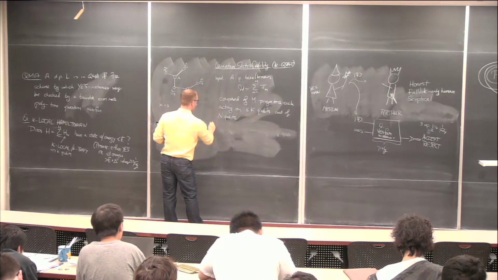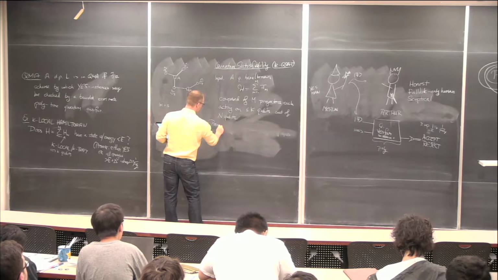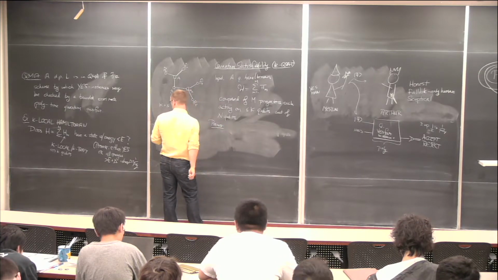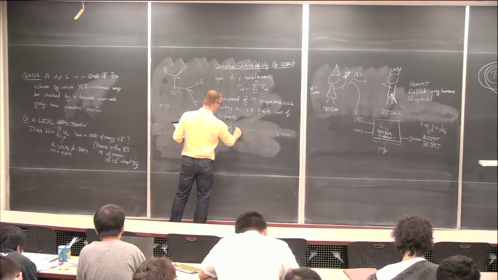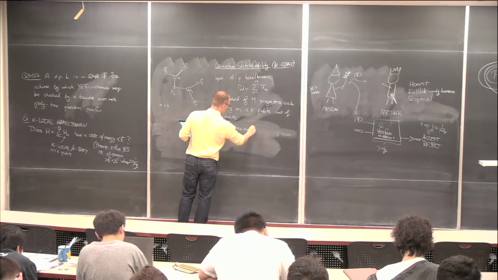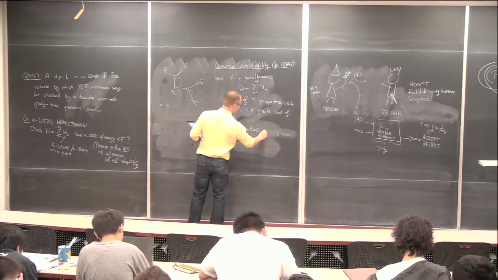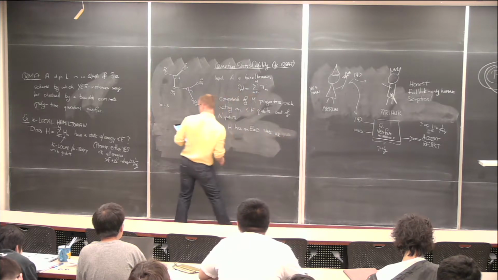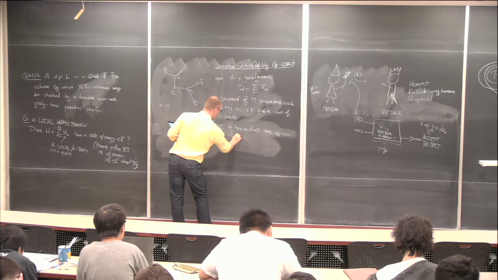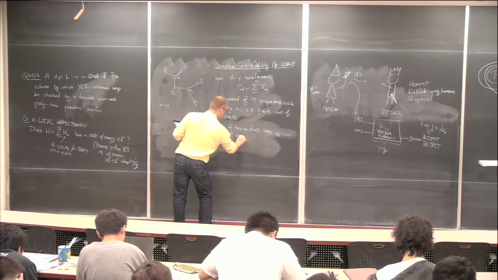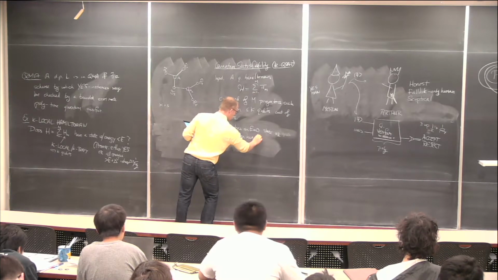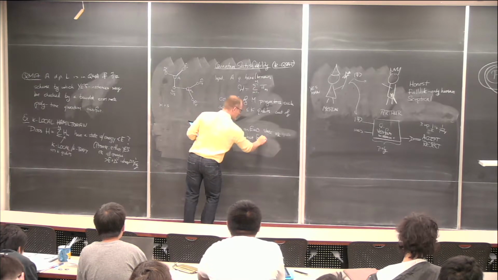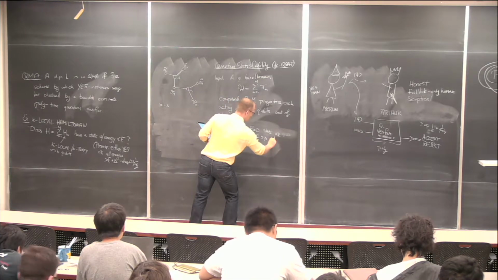And there's a promise. H has an E equals 0 state, or all states have E greater than delta, which is 1 over poly.